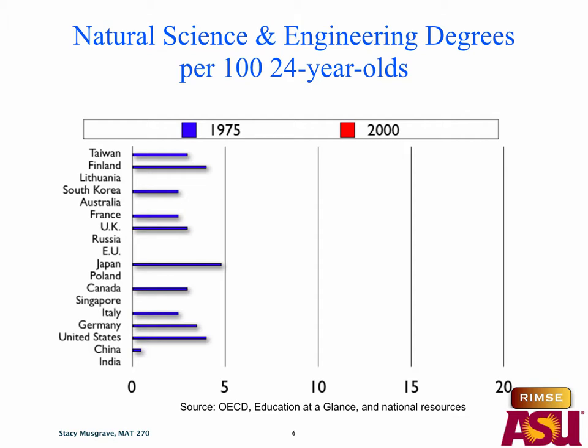When you look at this data, this is from 1975. Where's the US? Towards the bottom. We're here, right? In 1975, we were doing pretty good, about third in the world for number of science and engineering degrees. So you go to a dinner party, you walk around, you're like, yeah, I know you people, okay? And you can compete. How do you think we compare today?